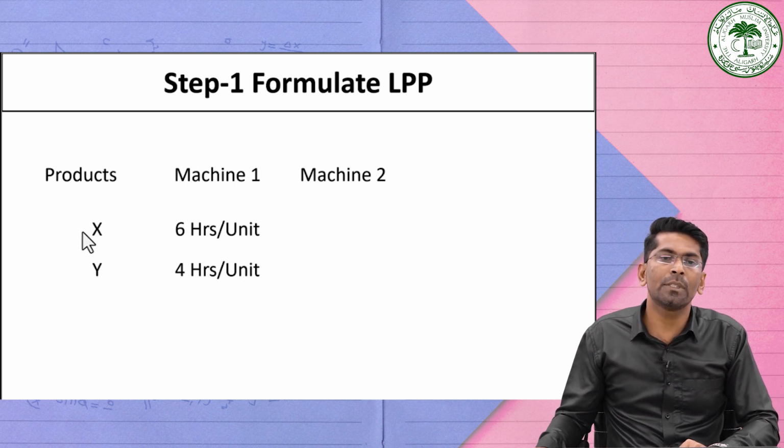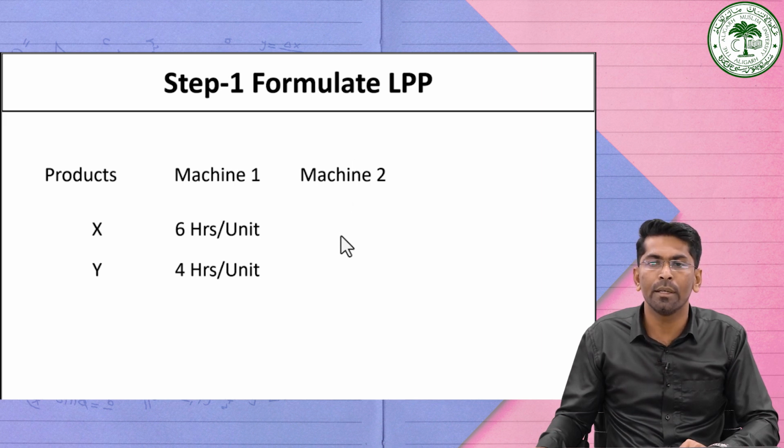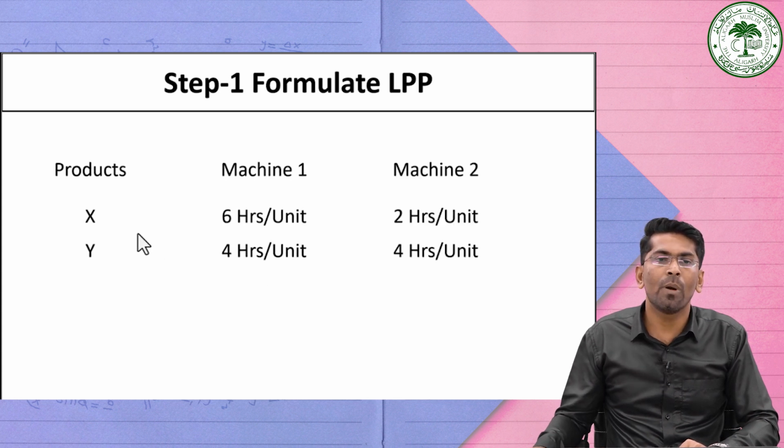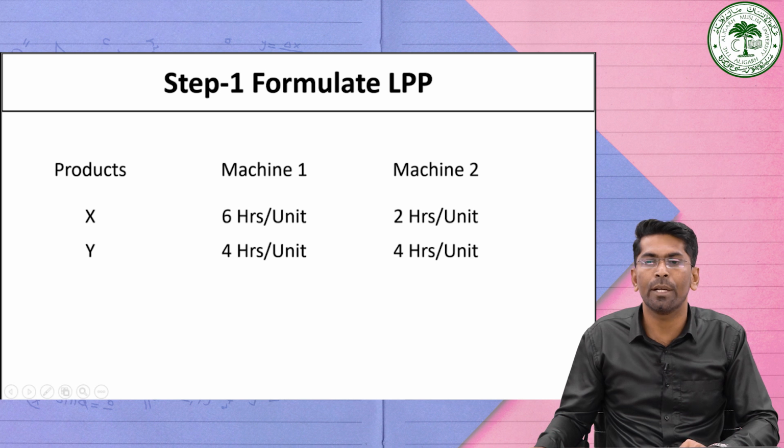Similarly, for processing of product X, machine 2 is also required, and product X requires machine 2 for 2 hours per unit. And for product Y, it requires 4 hours per unit of machine 2. So I am going to incorporate here that product X requires machine 2 for 2 hours per unit and product Y requires 4 hours per unit.